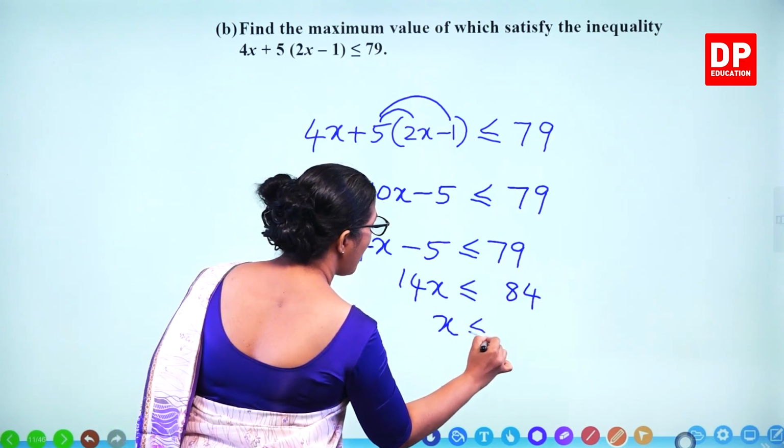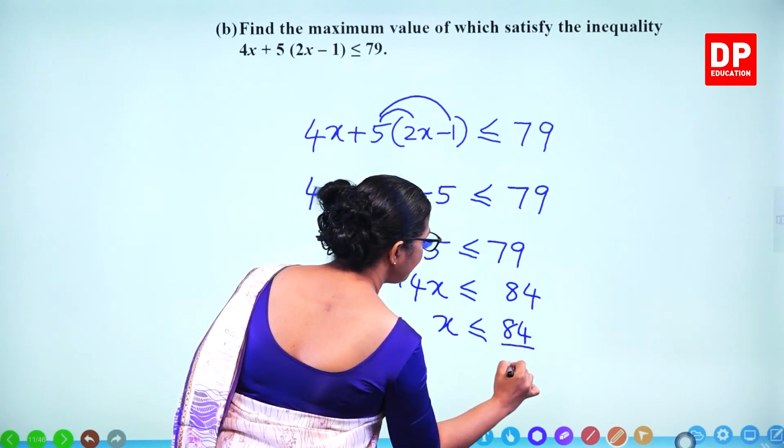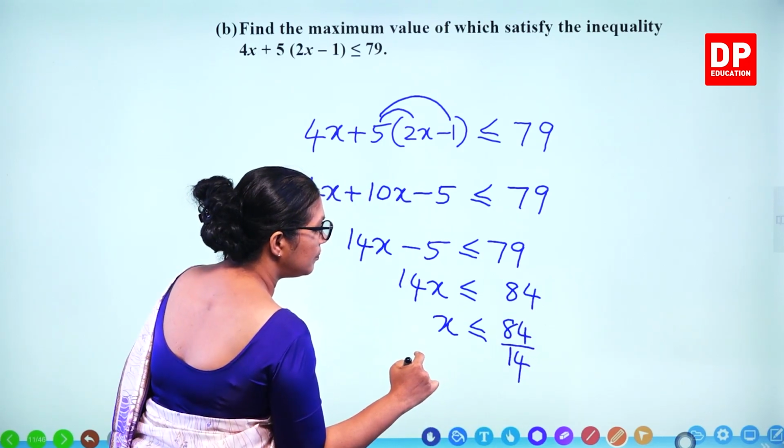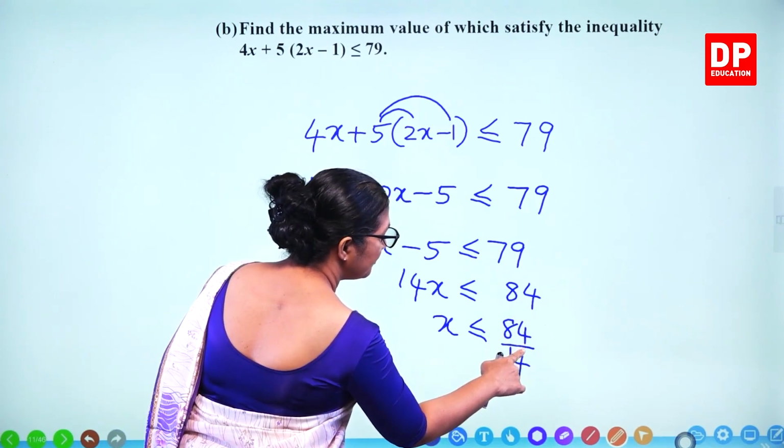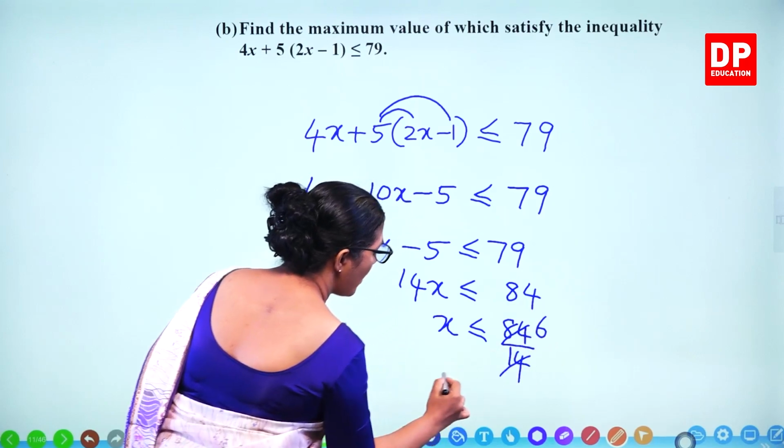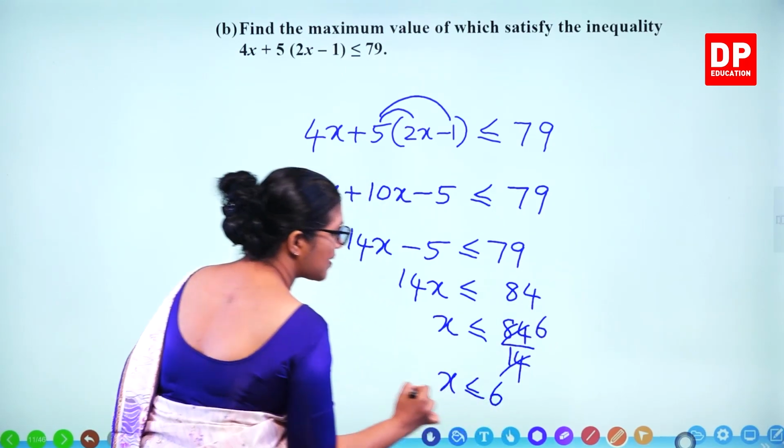And when you divide by 14, what do you get? 6. So, x is less than or equal to 6.